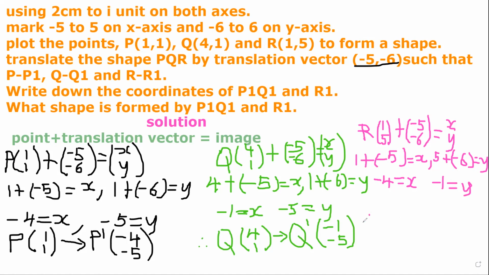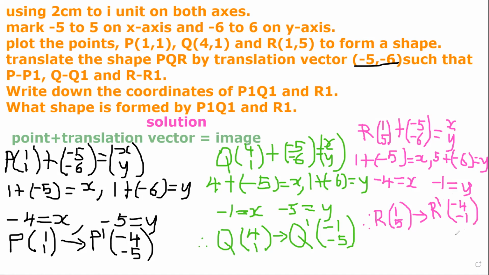So therefore, point R, which is 1 and 5, when it moves by a translation vector of -5, -6, it moves 5 left, 6 down, and R prime, the image of R, will be -4 and -1.